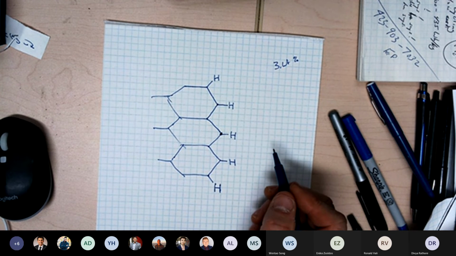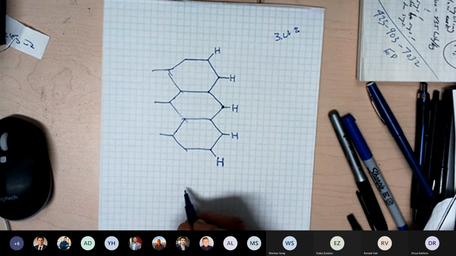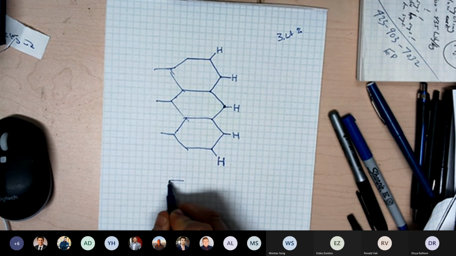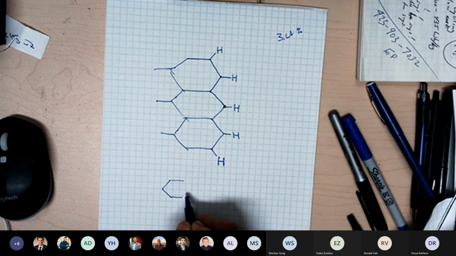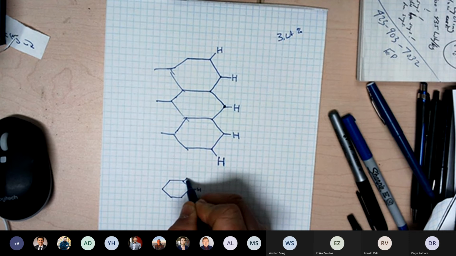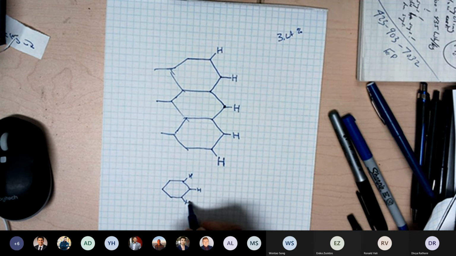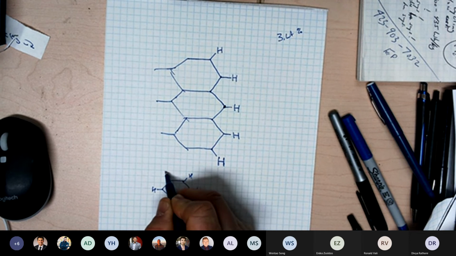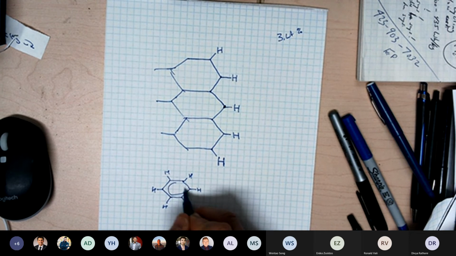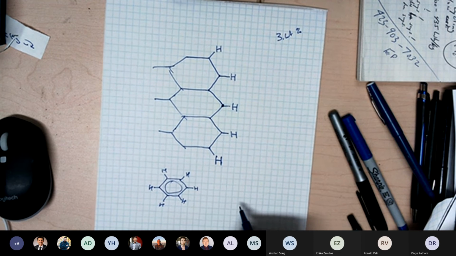And as you know, you can have benzene, a very simple chemical, a planar molecule, and everything here is sp2 bonded, aromatic.